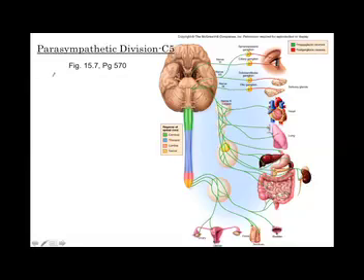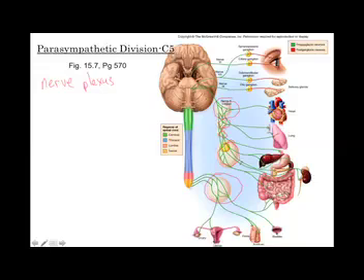We also see what are called nerve plexuses. We talked about the spinal nerve plexuses, but there's also some autonomic nerve plexuses as well. We can see several different plexuses here involving the vagus nerve, and we also see a nerve plexus here involving those sacral spinal nerves.